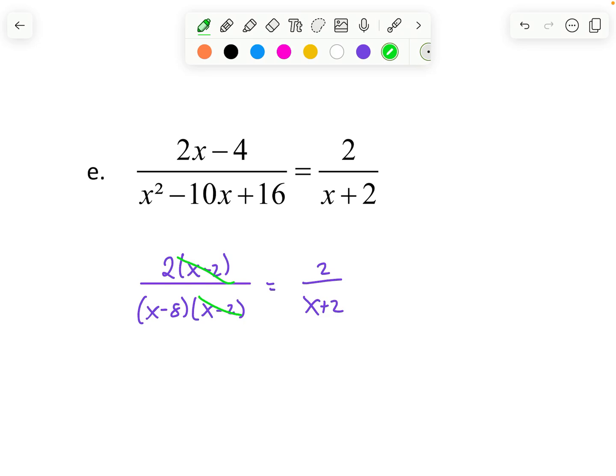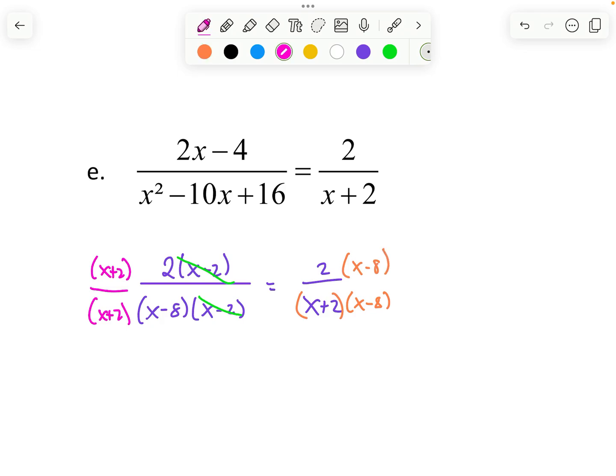And so now we just need x plus 2 on this side and x minus 8 on this side. So if we do that, we get x plus 2 over here on top and bottom. And we need x minus 8 on top and bottom over here.